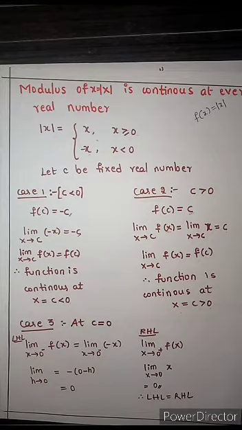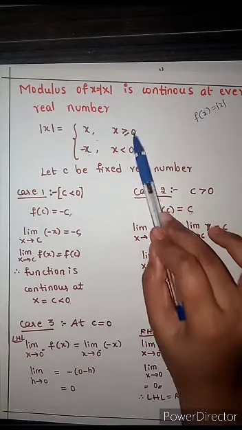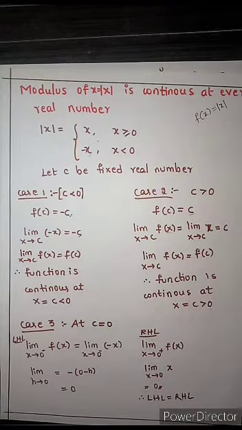Now let's see the third case, where c is equal to 0. In this case c is a critical point, so we have to take both the left hand limit and the right hand limit. Zero is a critical point.